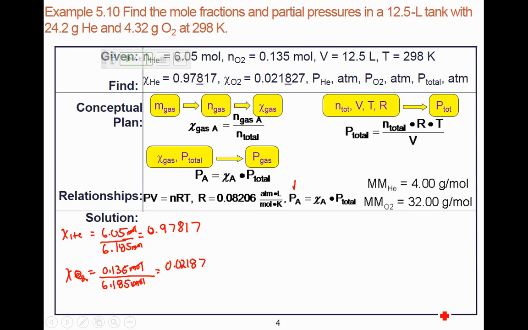So we can calculate our total pressure because we know our N total, and of course we know volume and we know temperature. So if we calculate P total, we can use this formula because we know our N total.